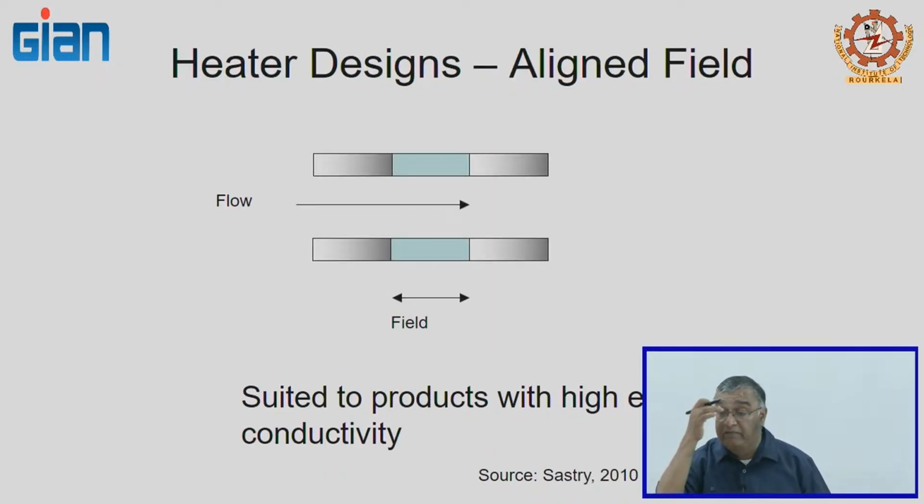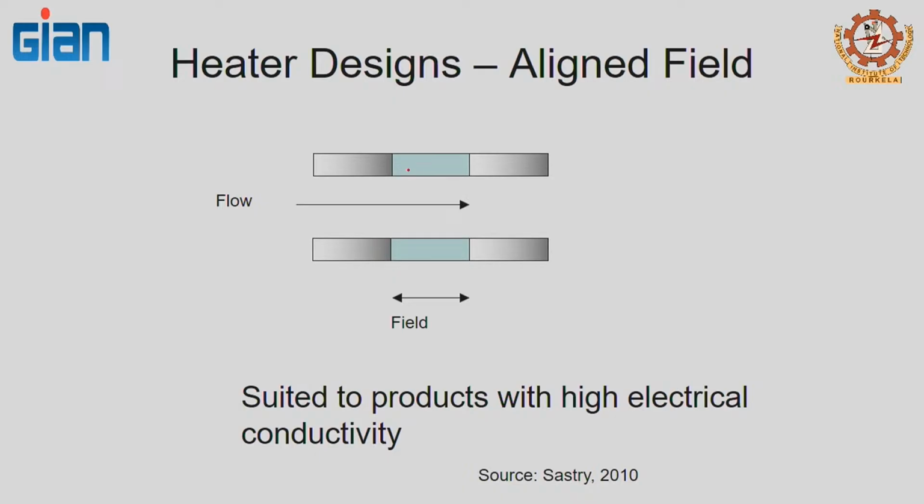You can have aligned field electrodes. So, you have two electrodes, and the product is moving here, and this is suited for products with high electrical conductivity. In other words, if you look at ohmic heating, the choice of your electrode design depends on what type of product you may be processing. If you look at traditional aseptic or canning, the design considerations do not limit what type of products you can process.